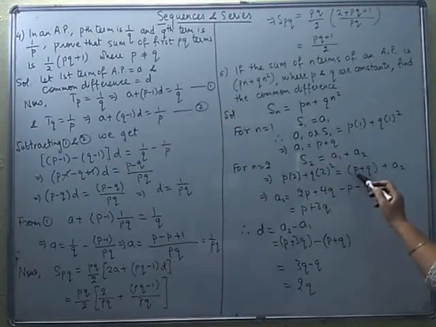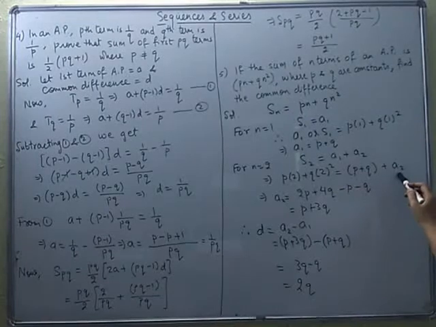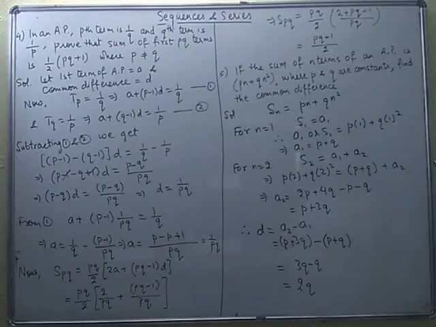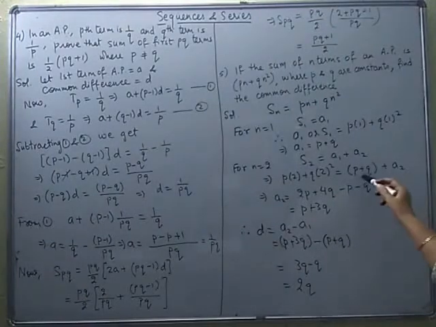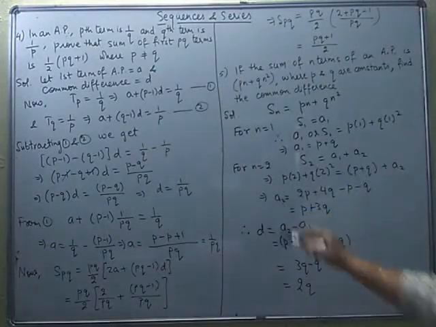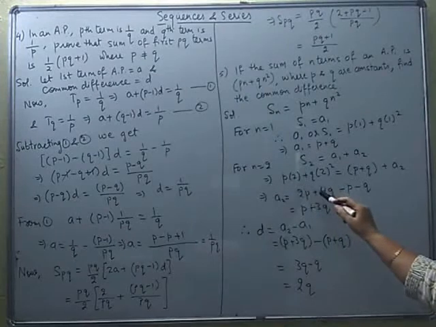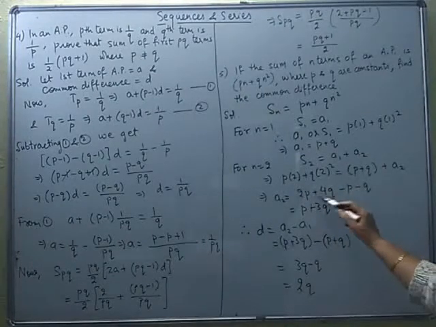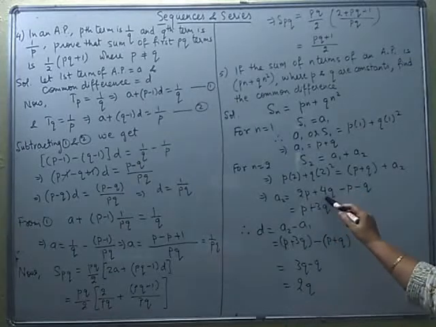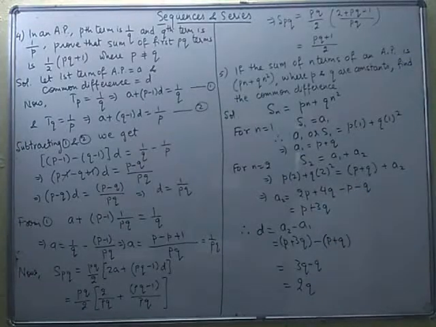It is p plus q. So p plus q plus A2. Fine. So do the necessary simplification. If I shift this to the left, we'll get A2. It is twice of p plus 4q, then minus p minus q. So 2p minus p is p, 4q minus q is 3q.